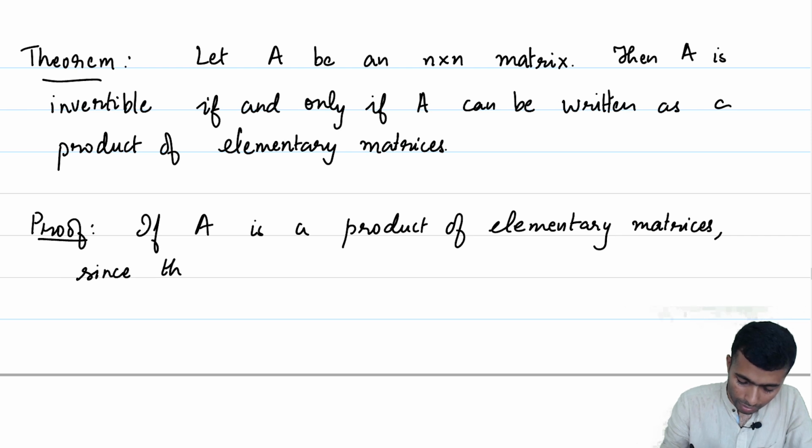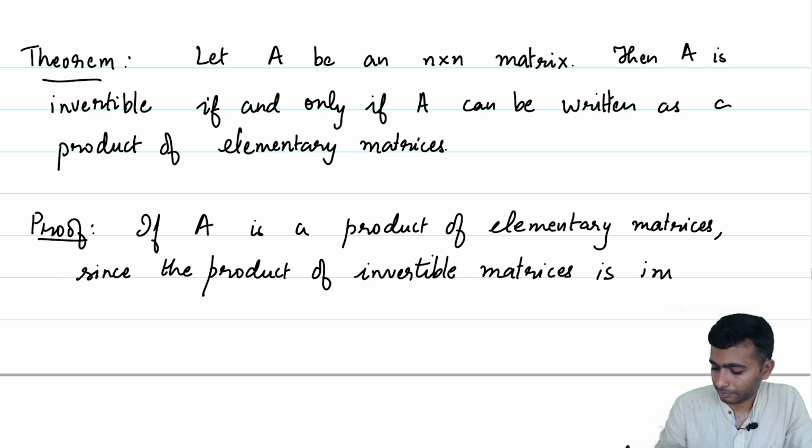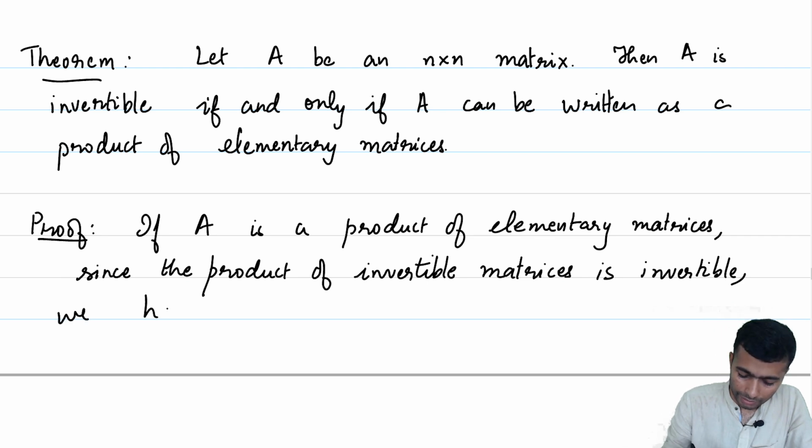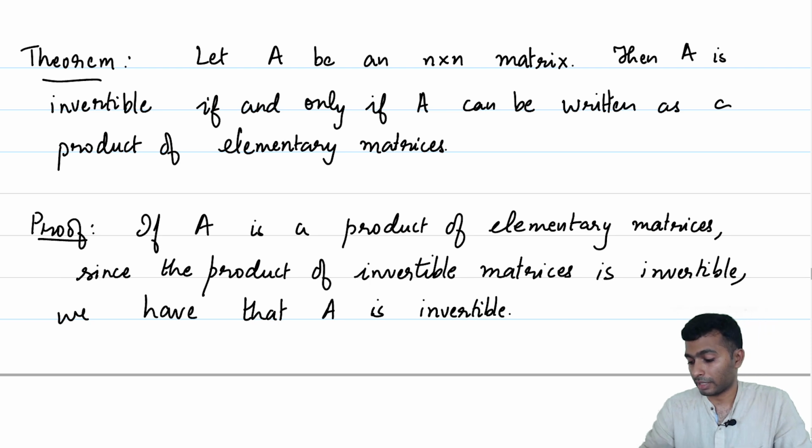Since the product of invertible matrices is invertible, we have that A is invertible. Okay. So, let us try to prove the other direction.